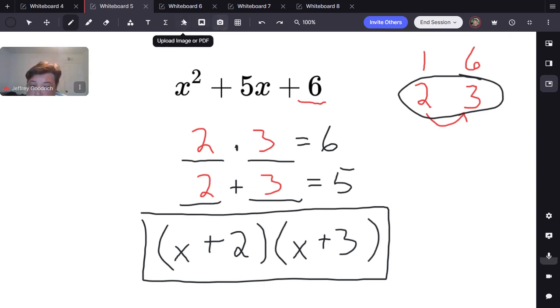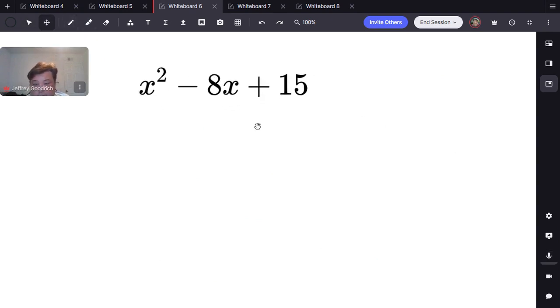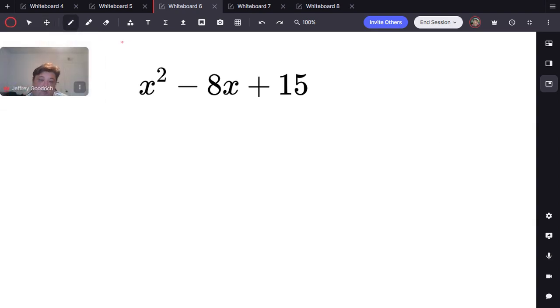Awesome. All right, so now the next one. Same thing here. We're just doing the factors of the last term. Always start with 1. You've got 1 and 15. 2 doesn't go into 15. 15 divided by 2 is 7.5, which won't.